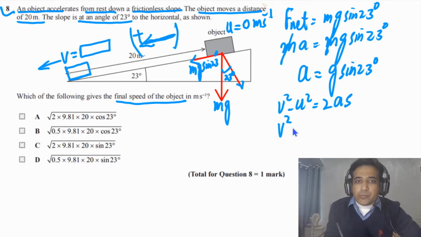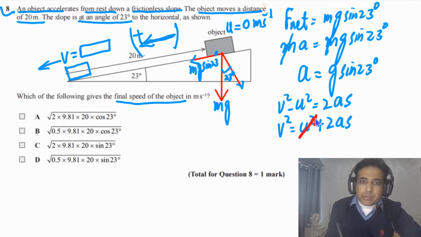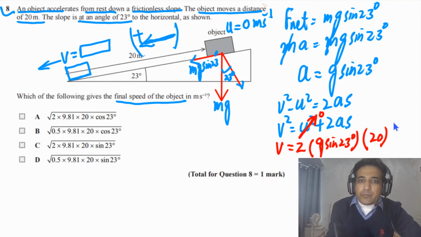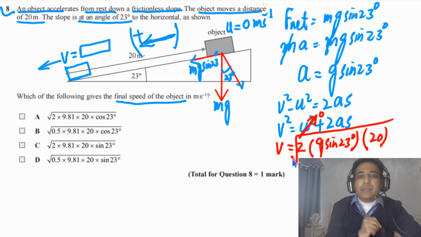So we can write v square will be equal to u square plus 2as. u is equal to 0, so this one is equal to 0. So simply we can write 2 times a, which is g sine of 23 degrees, times s, and s is equal to 20 meters. So for the value of v, simply you have to take the square root on both sides.